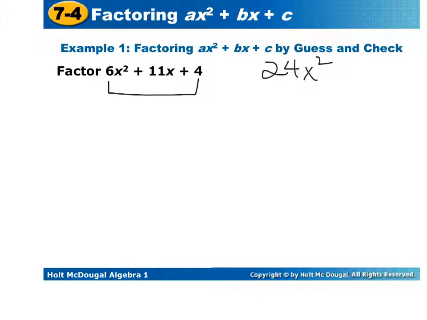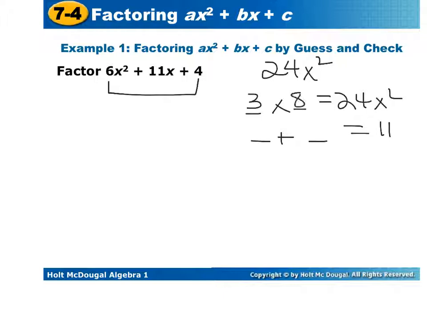I'm looking for two numbers that will multiply to give me 24x squared, but will add to give me 11. Anybody have any ideas for the two ways to multiply to get 24? 3 and 8. Okay, and it's 3x and 8x, because 3 plus 8 is 11, and 3 times 8 is 24.